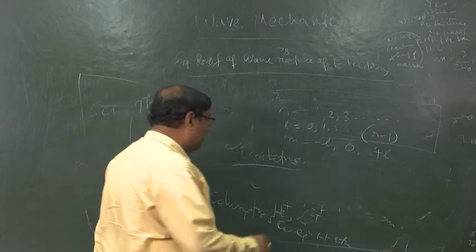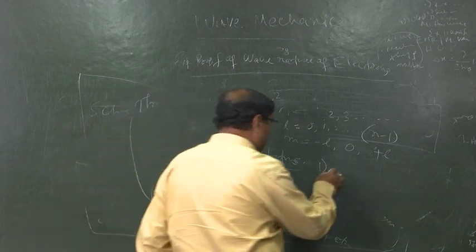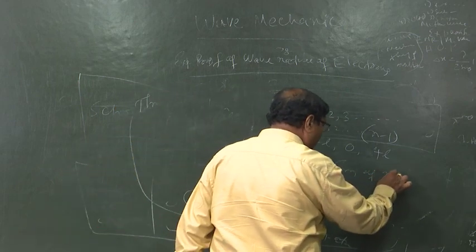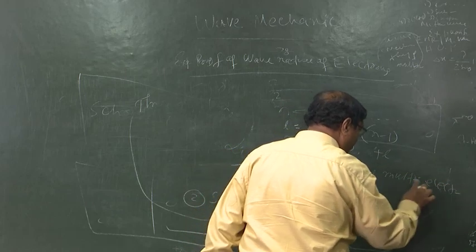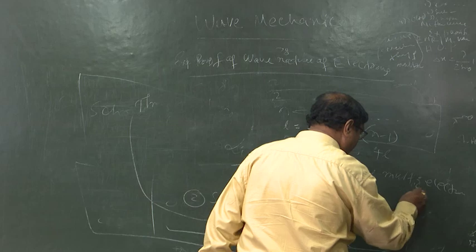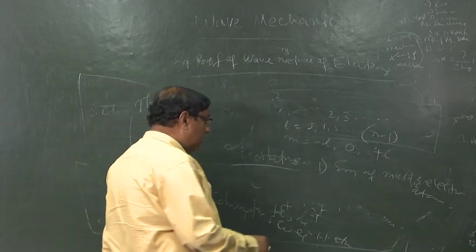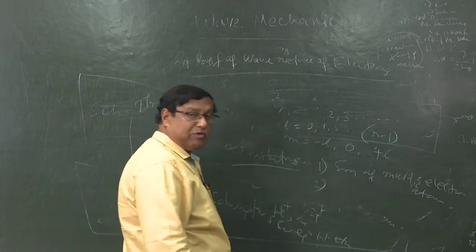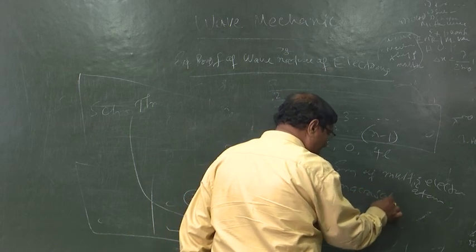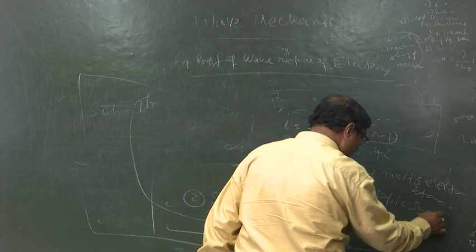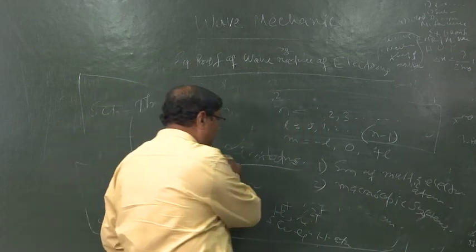The first limitation is that we cannot calculate the energy of a multi-electron atom by using the Schrodinger wave equation. Second, it is applicable to microscopic particles, not to macroscopic particle systems. So these are the two limitations of the Schrodinger wave equation.